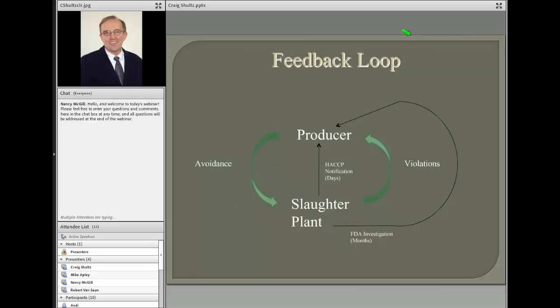This is just sort of a graphic presentation of how we can see the value of HACCP as opposed to the traditional means of investigating residues. The HACCP plan has allowed this feedback loop to occur, the slaughter plant identifying violations and getting back to the producer.